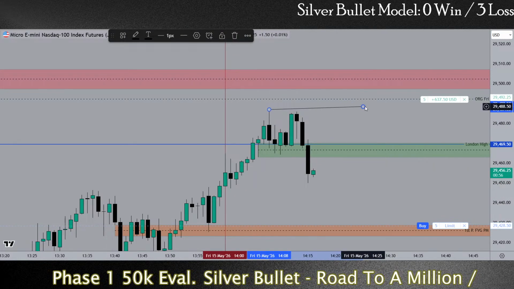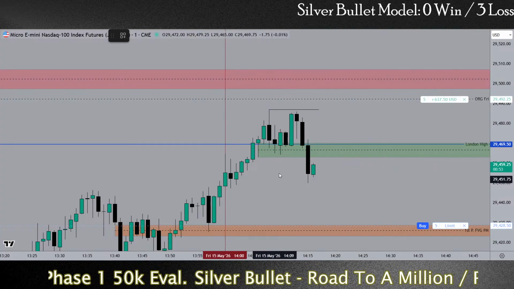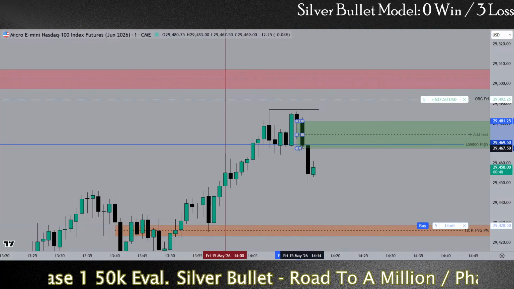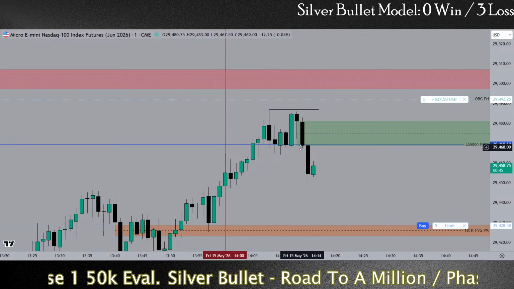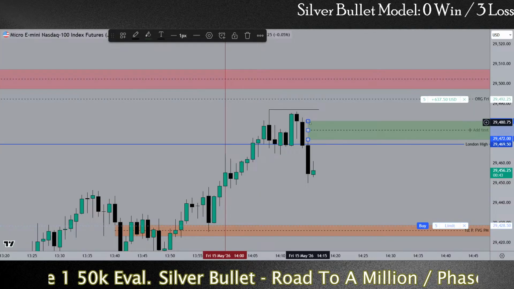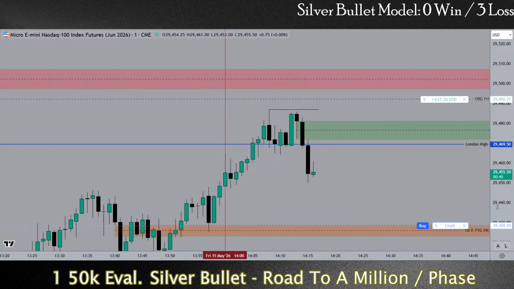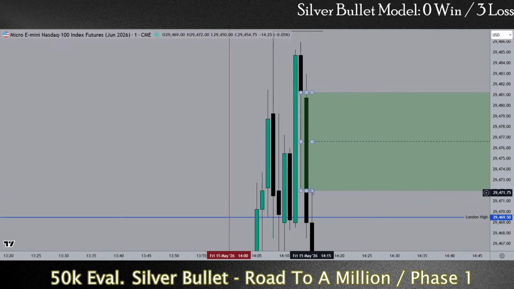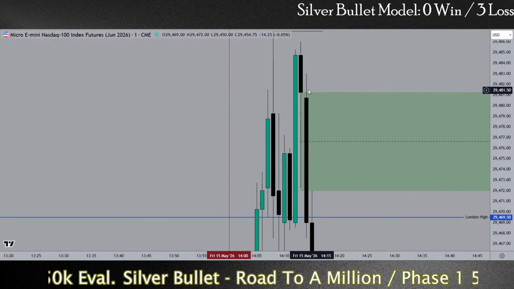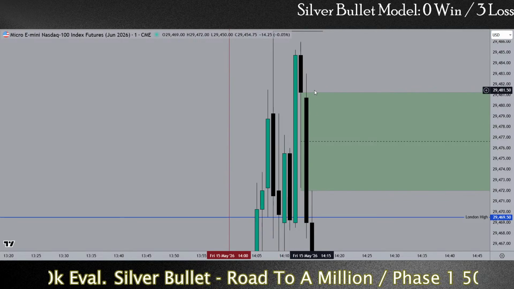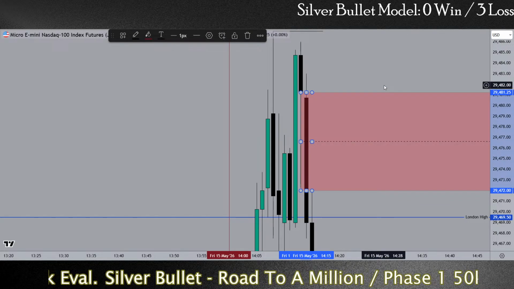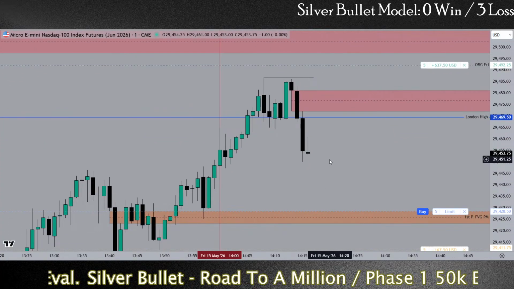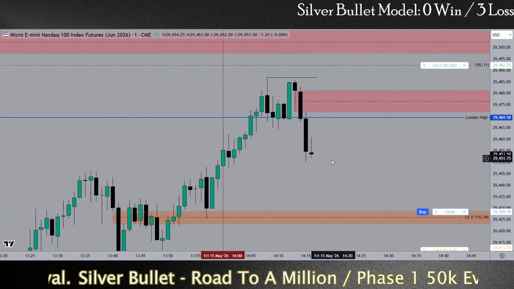Alright, looks like we have relative equal highs there, and we have this inefficiency to this high. I might zoom in a little closer so you can see the separation. It's small, but it's there, and there is a volume imbalance up here, so that's the actual fair value gap, and that's a SIBI. Sell side imbalance, buy side inefficiency.